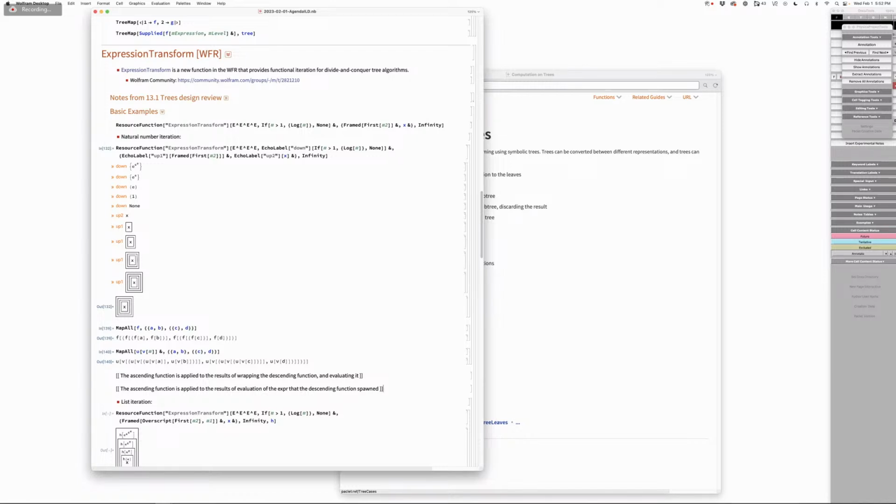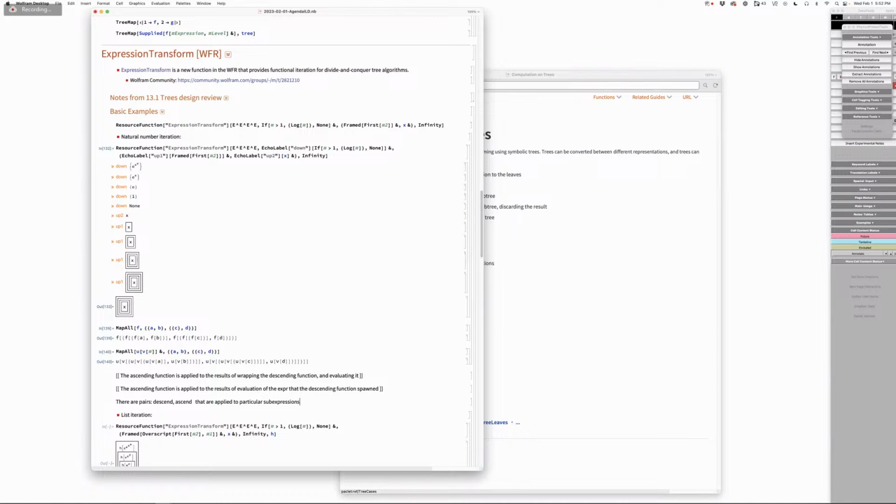And it's because it always knows what it spawned. It's never confused about where it is when it spawned that thing. Even though the structure can have changed completely, the ascending function knows where it is because of its corresponding descender. So another way to put it is, okay, there are pairs, descend, ascend, that are applied to particular sub-expressions.